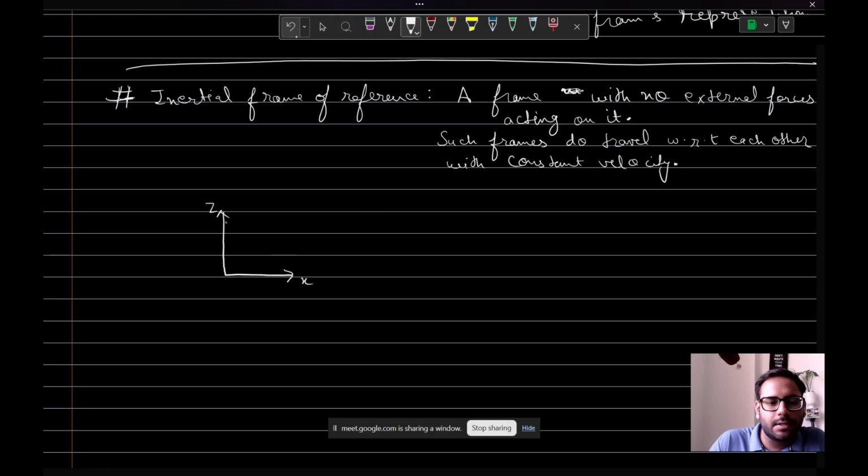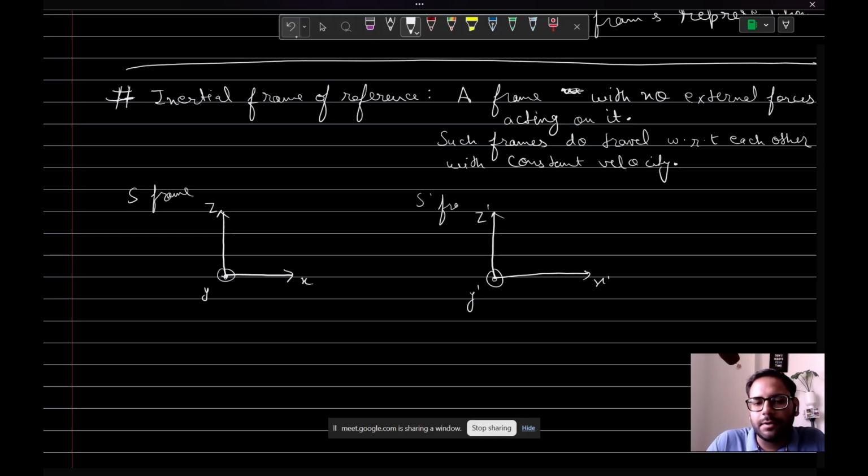This is my x and z, and this is my y axis. I call it the S frame. And this is my other frame here, with X prime, Z prime, and Y prime axes and origin defined. I will call it the S prime frame.